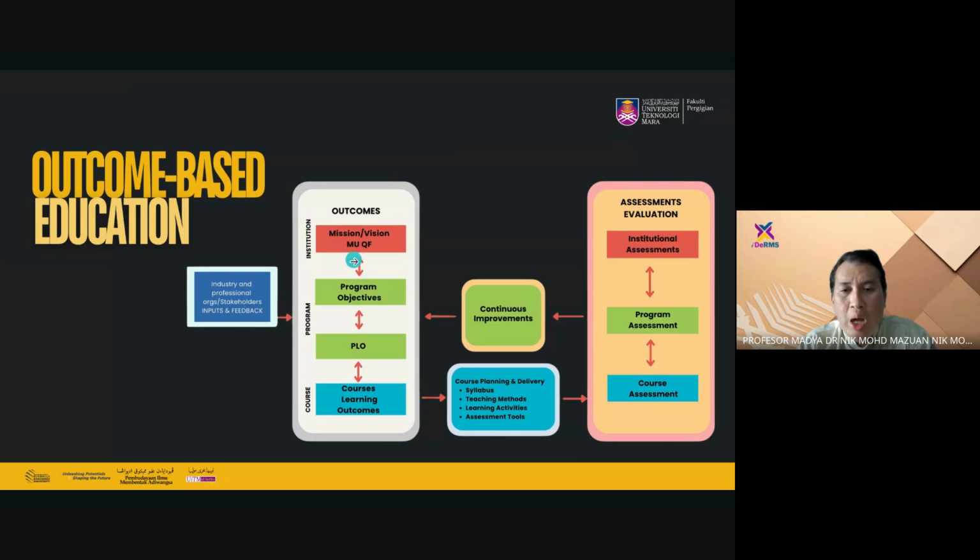Then our program objective is now called program PLOs, so it will be mapped all the way there. Sometimes some universities have values as well. We also have them, but we translate them into PLOs.